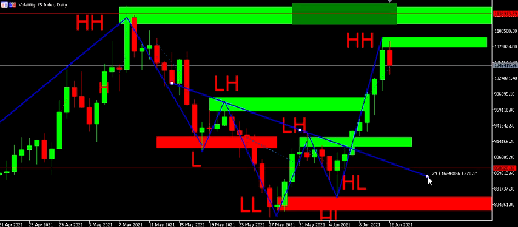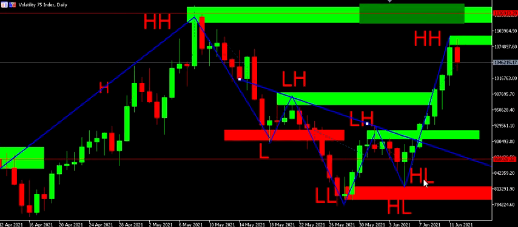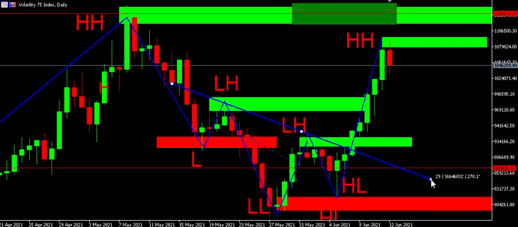Our low is the first shoulder. Our lower low point here is the head. Then our higher low point here is the second shoulder. So we have the neckline around here.